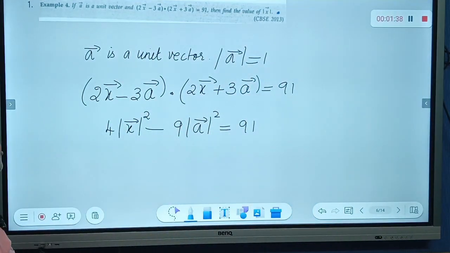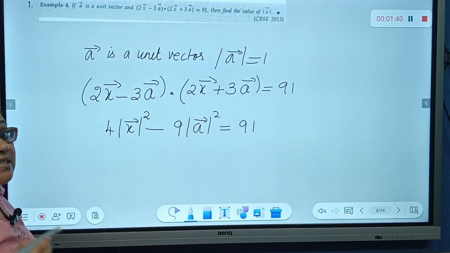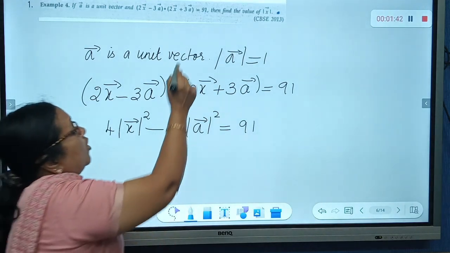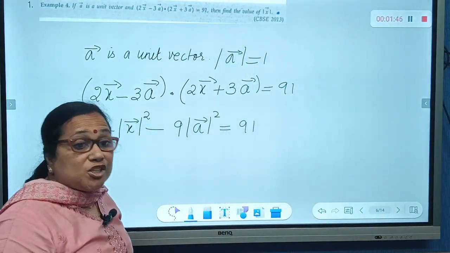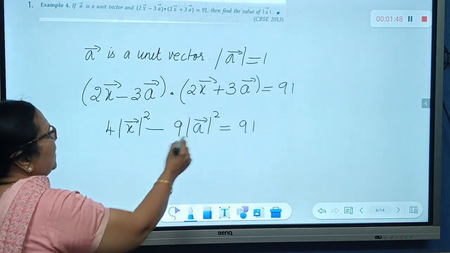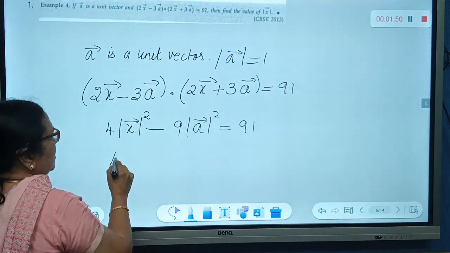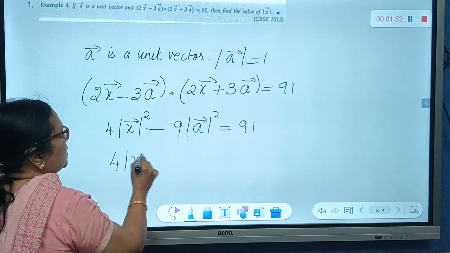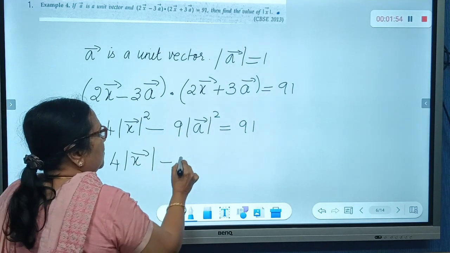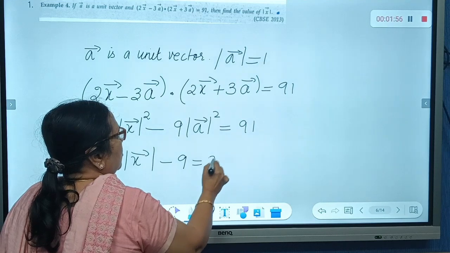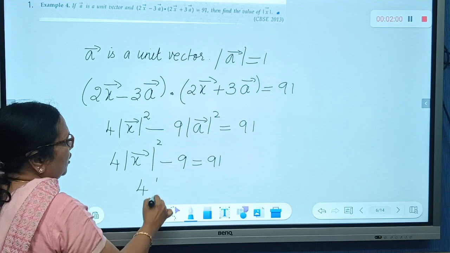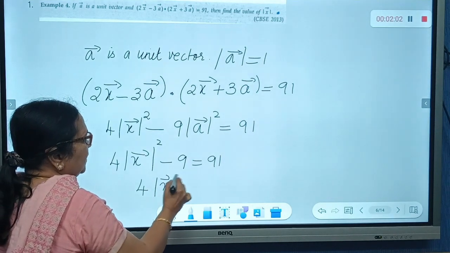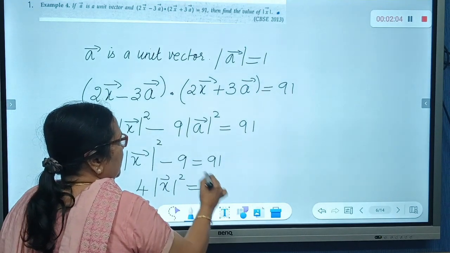But what is given about a vector? A vector is given to be a unit vector. And you are asked to find the value of the magnitude of x vector. So a vector is a unit vector, so 4 times modulus of x vector squared minus 9 equals 91. Therefore, 4 times modulus of x vector squared is equal to 100.